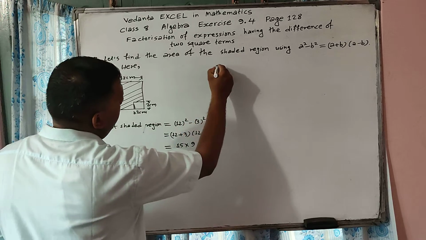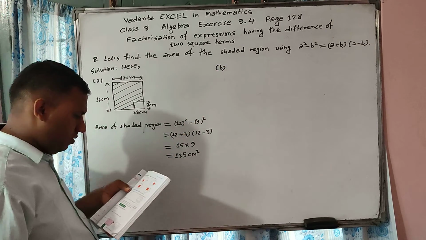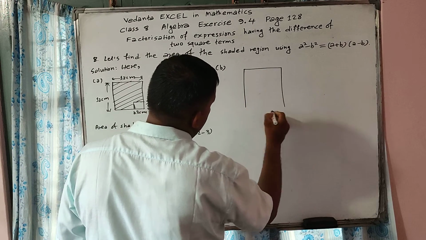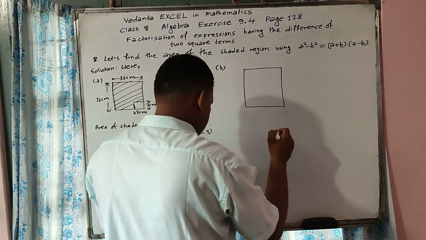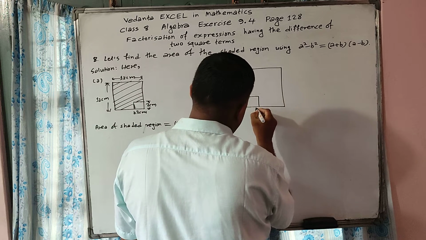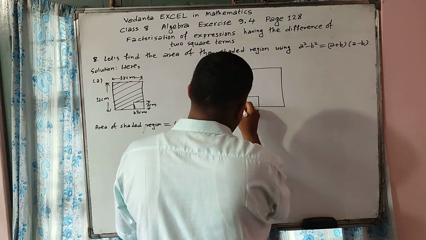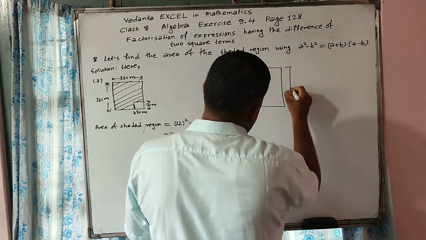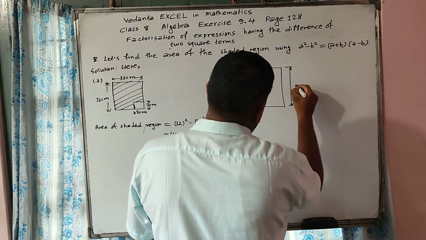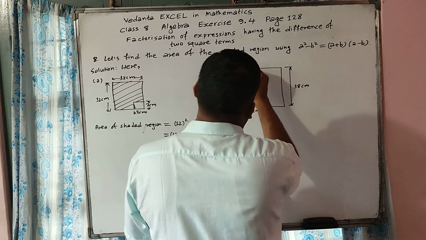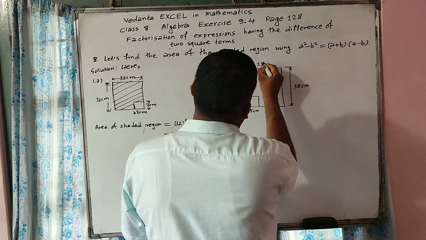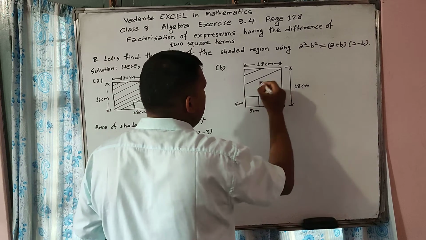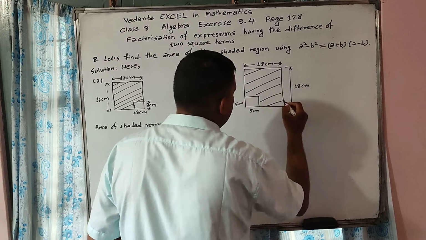On B we have 18 and 5 centimeter. This is also 5. This whole is 18 centimeter. This also 18 centimeter. Now this is the shaded region.